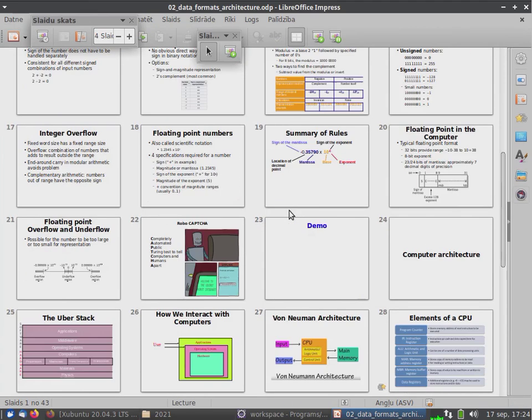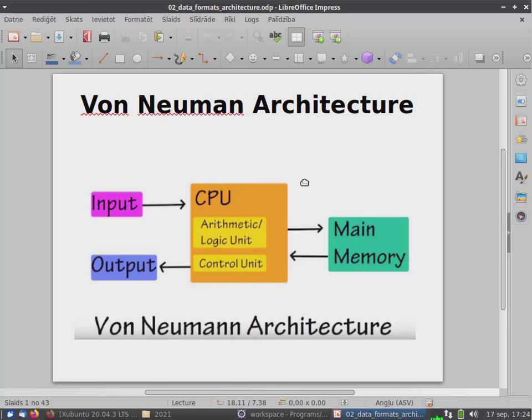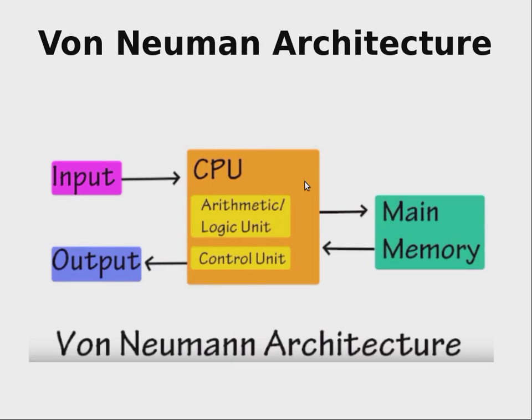So I went more or less successfully till here. And hardware mostly is built in the following way, that we use this so-called von Neumann architecture, which is the leading standard for these general purpose computers.